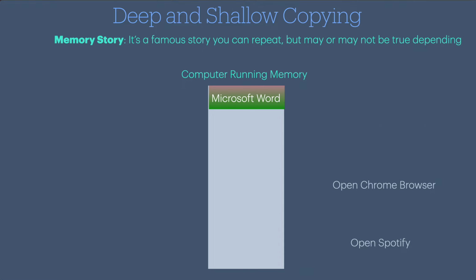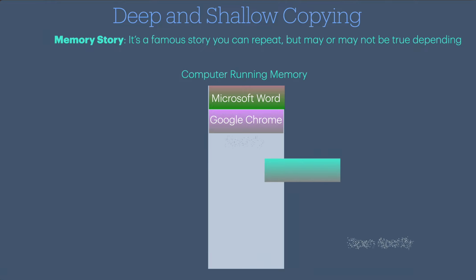And then I open the Chrome browser, and the Chrome browser gets loaded into memory. So I've got Word and Google Chrome running. And then I open Spotify, and Spotify gets loaded into memory. So far this should look pretty normal, or at least match your conceptualization of memory thus far.